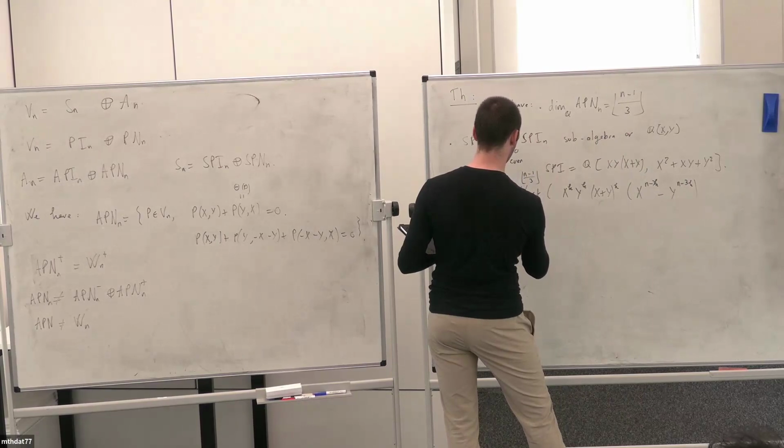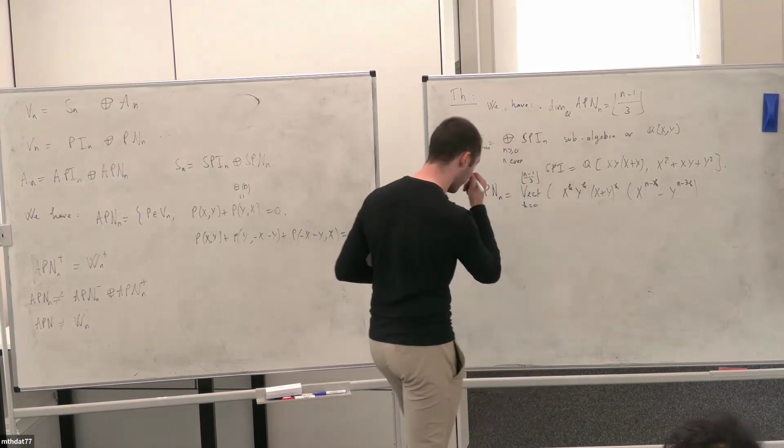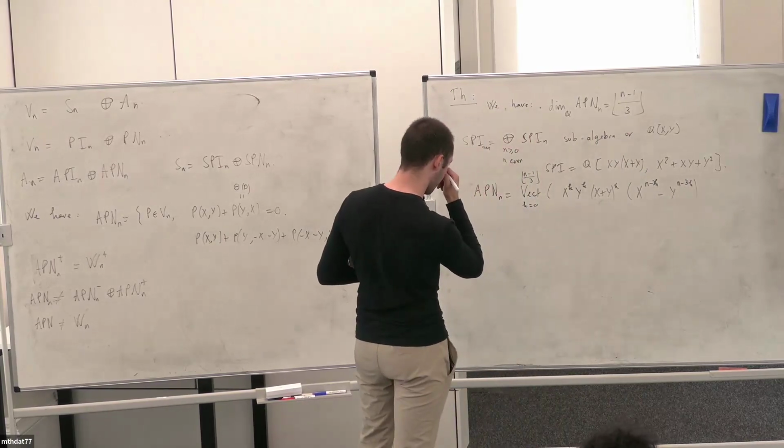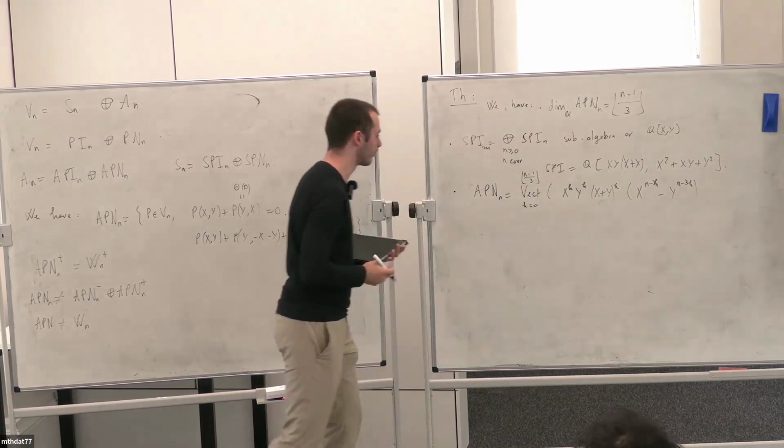Maybe here n minus 3 shouldn't be. Okay. Yeah, this should work.